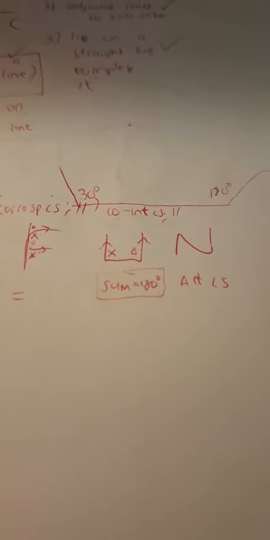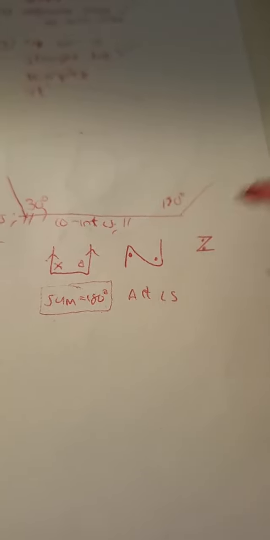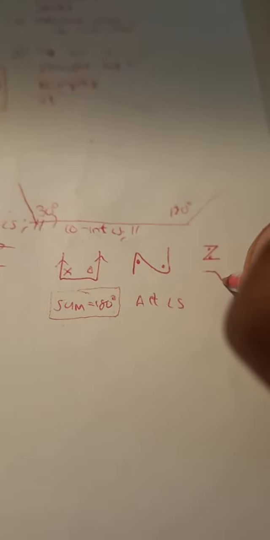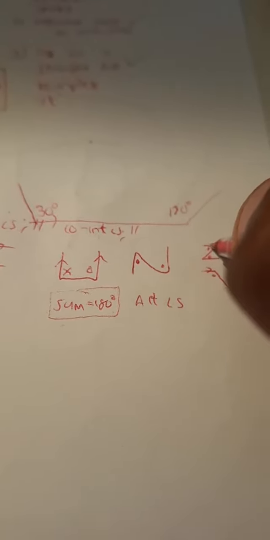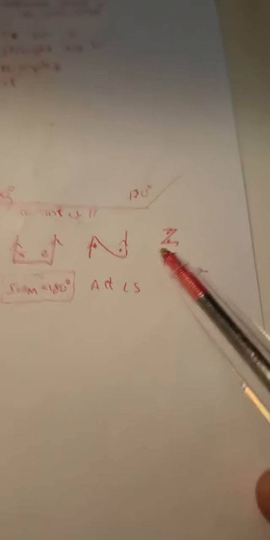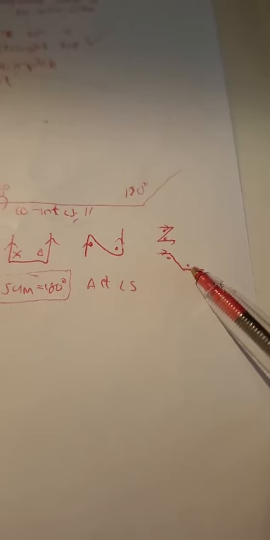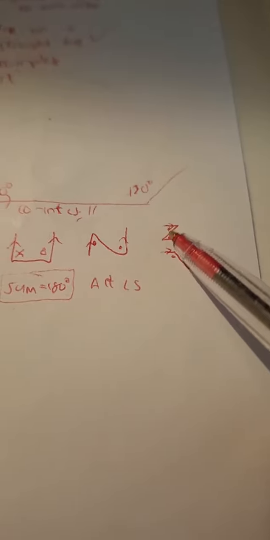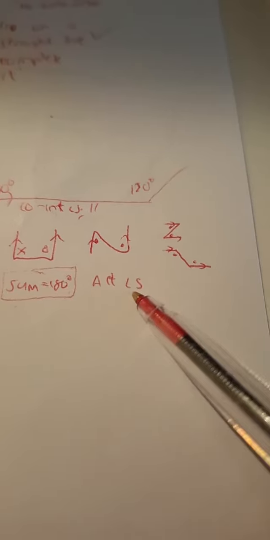Okay? Then the last one is our N shape, sometimes referred to as Z when you put it this way, or sometimes the Z that looks like this. All of this speaks to alternate angles, guys. 1, 2, 3. The lines are parallel, these angles are equal. We call these alternate angles.